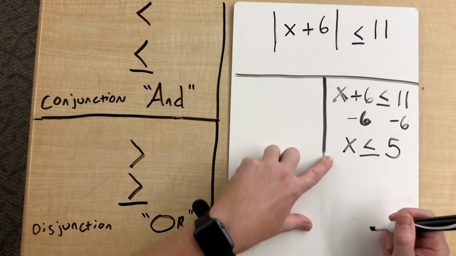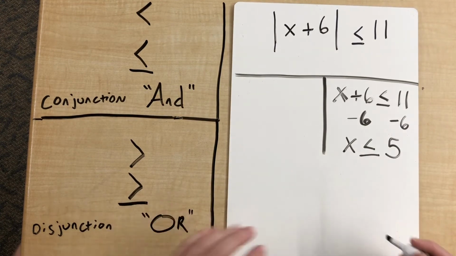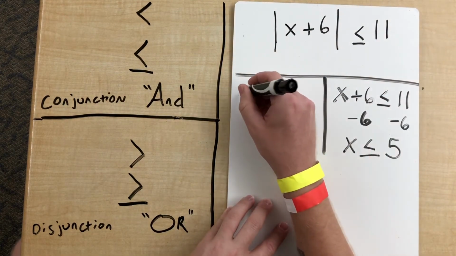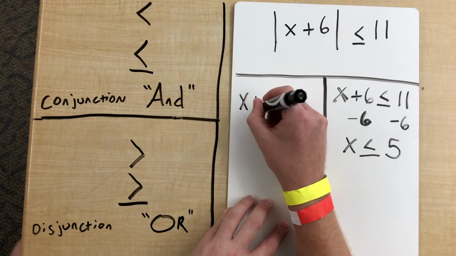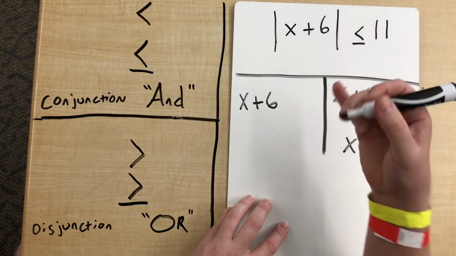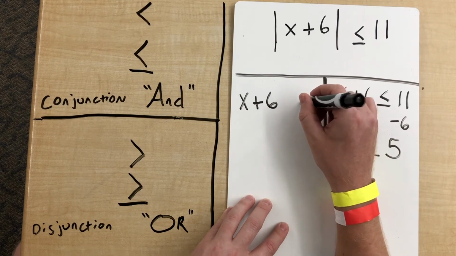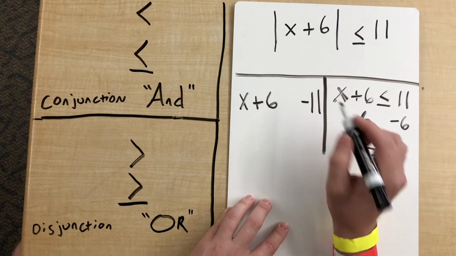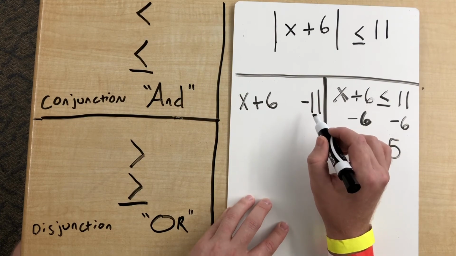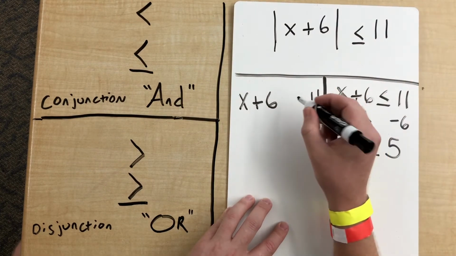Okay. All right, now here we go. Second solution on my and statement, I'm going to put it over here. My x plus 6 hasn't changed. That 11, instead of being positive, recall, to find that second solution, we're going to make it negative. But negative, that's a red flag. If we make that second solution negative as part of finding the answer, we have to flip that sign, okay?